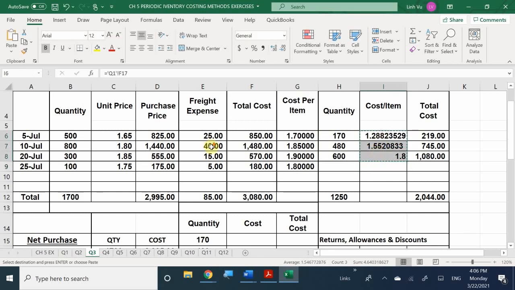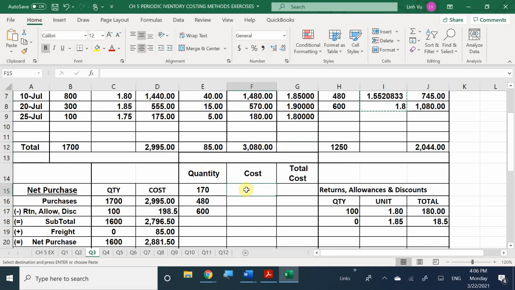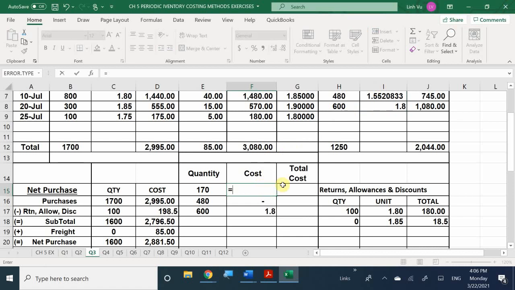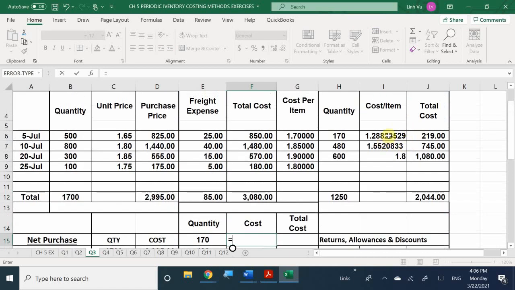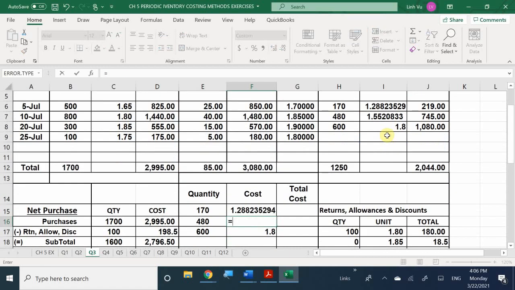Copy them, paste them here. Okay, I guess I didn't go through. So this one is equal to this one, which is equal to this one, which is equal to this one.